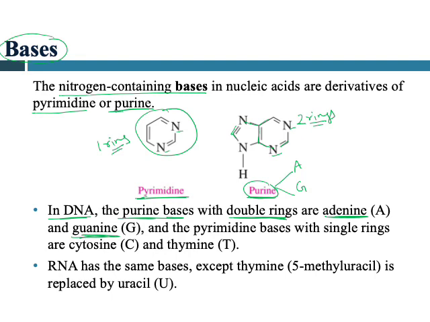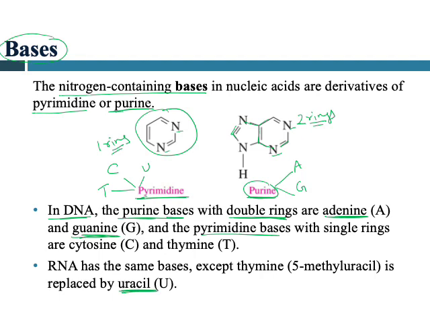Whereas pyrimidine bases with single rings are also of two types, cytosine and thymine. And then you have one more type called uracil, U.